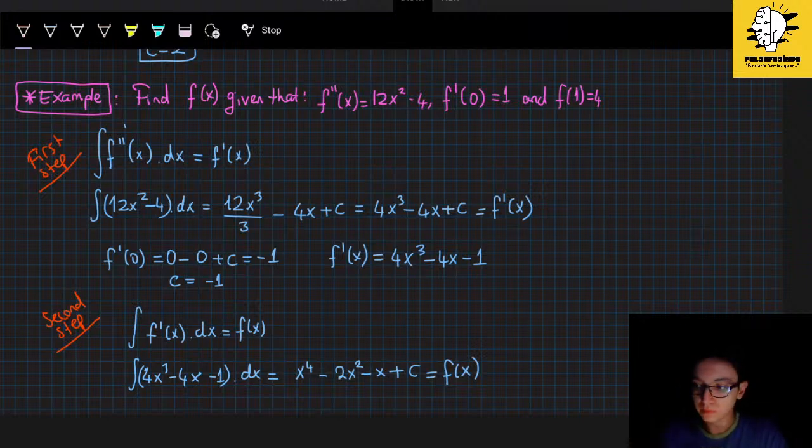Okay, wait. Audio settings. Okay, is it good now? I think it's better. It's much better, I think. Okay.